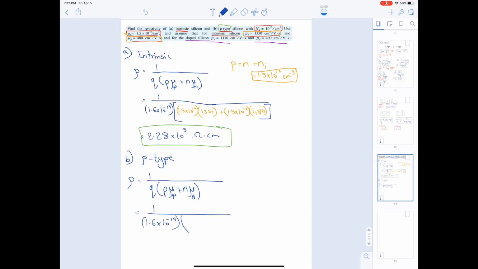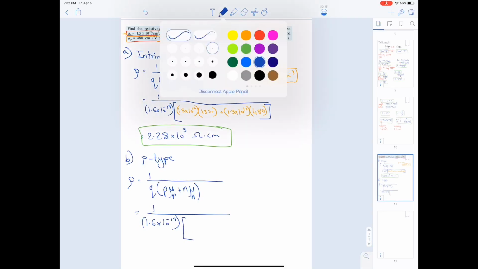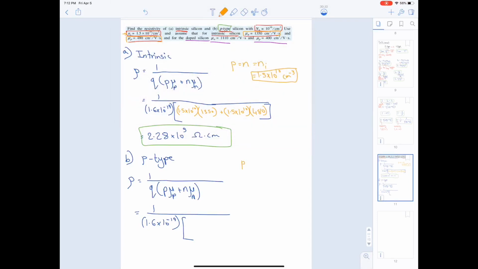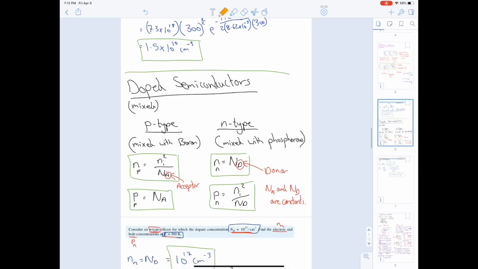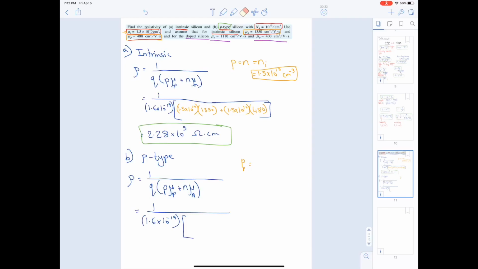What's p? That's p in p type, so p subscript p. So p subscript p is equal to Na, which is equal to 10 to the power of 16 per centimeter cube.